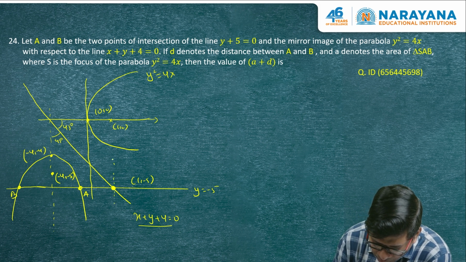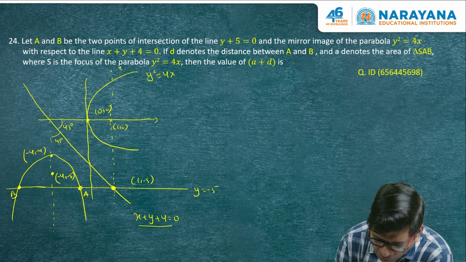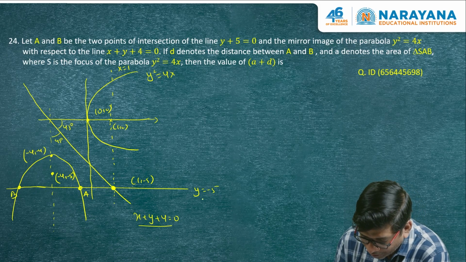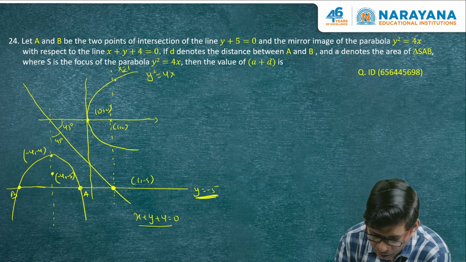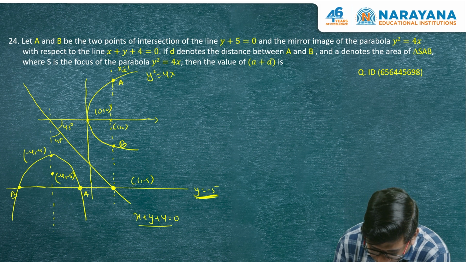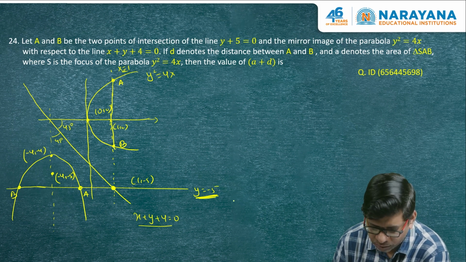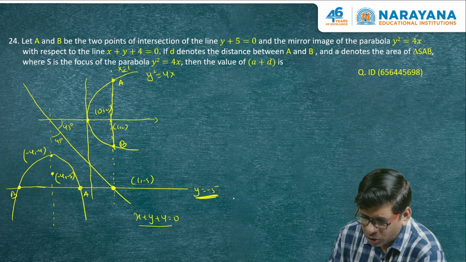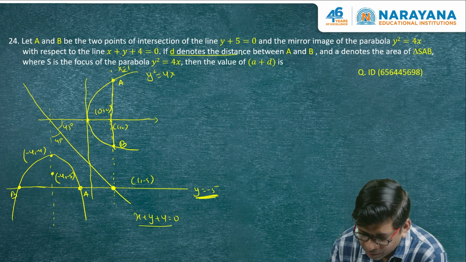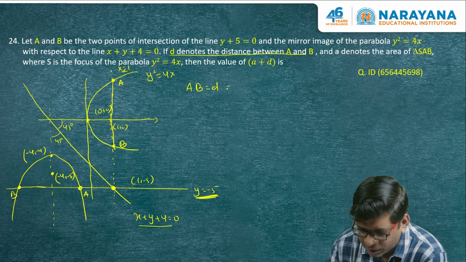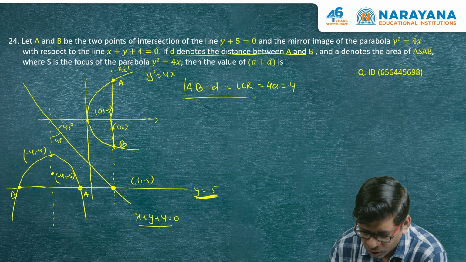The mirror image will be along x equals to 1, because this is y equal to minus 5. The points they are talking about are A and B, and you can observe it is the end of the latus rectum because it is passing through the focus. D denotes the distance between A and B, meaning the length of the latus rectum, which is 4a. So you got the value of D.